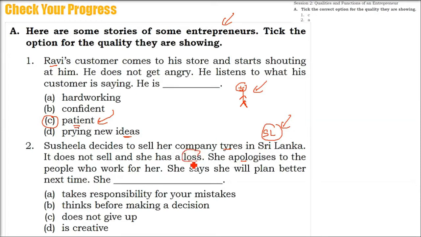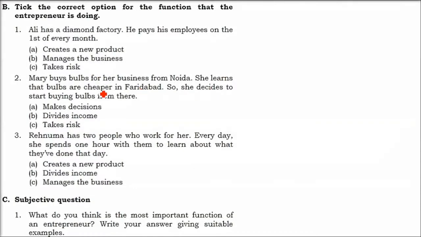I will think in a better way. So she plans better for the next time. She is not saying the people in Sri Lanka, our company, are not working hard, they are just doing this and that. So she is not leaving the responsibility to them. Because she is the leader, she is taking all the responsibilities of the success and the failure together. So she is taking responsibility for her mistake, and that is the good trait of an entrepreneur.